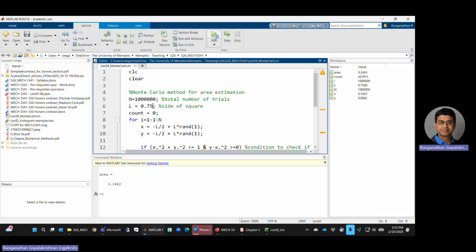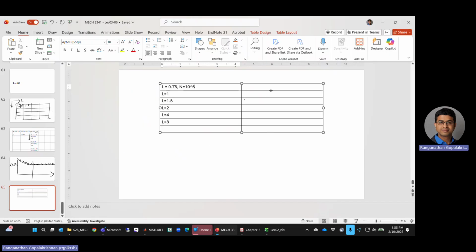If I run this, I'm getting values that are something like 0.24 to 0.25.